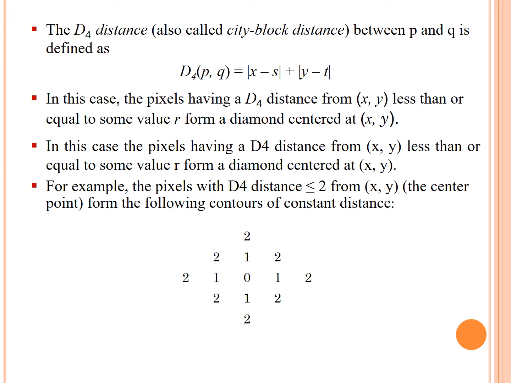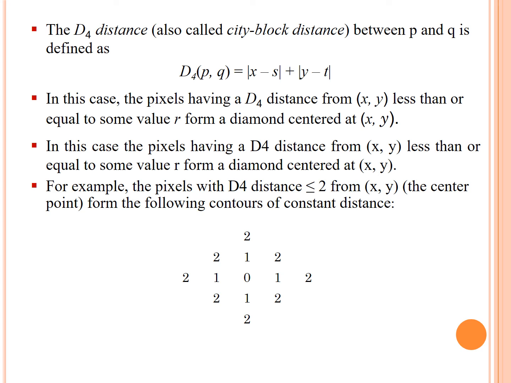The D4 distance, also called city block distance, between P and Q is defined as D4(p,q) = |x − s| + |y − t|. In this case, the pixels having a D4 distance from (x, y) less than or equal to some value r form a diamond centered at (x, y).